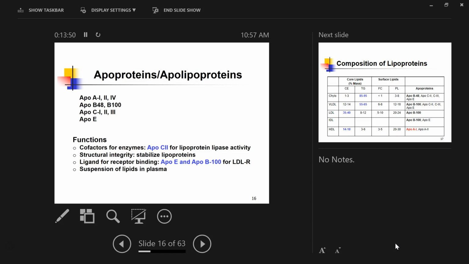So again, ApoE or ApoB100 is needed for LDL to bind to LDL receptors. Okay, the last function of apoproteins is to suspend the lipids in the plasma. So these are the most important functions of apoproteins.